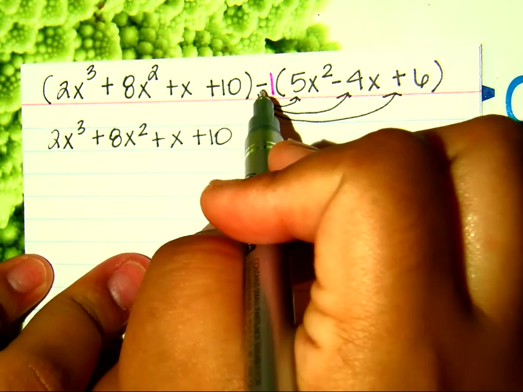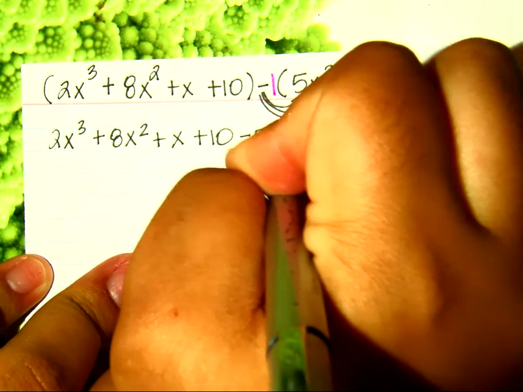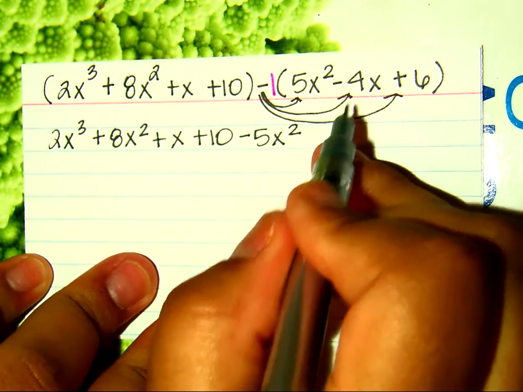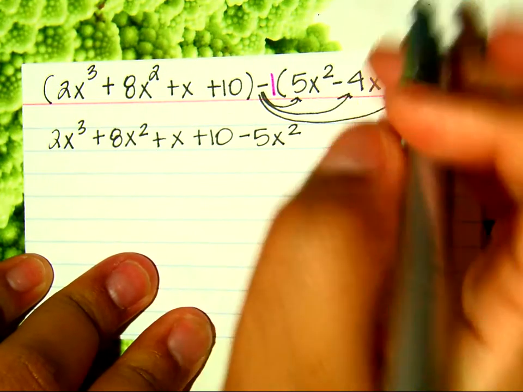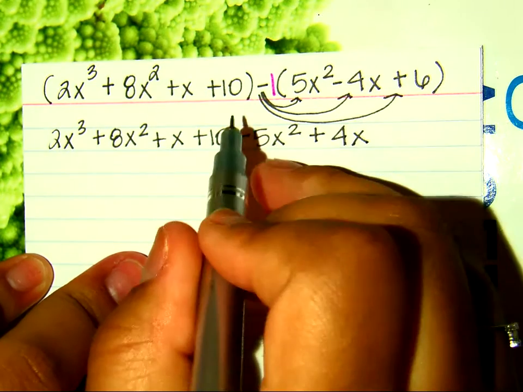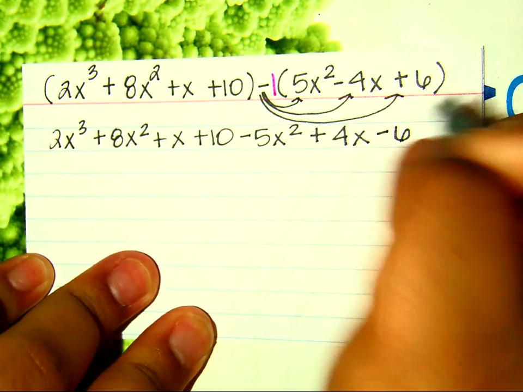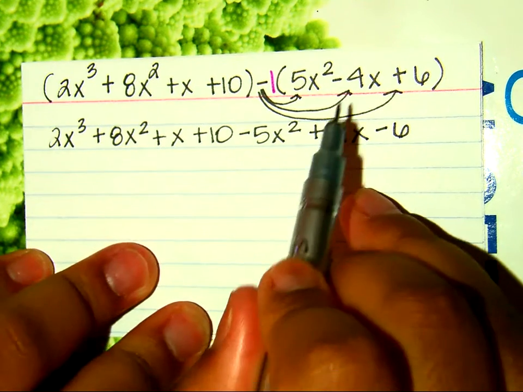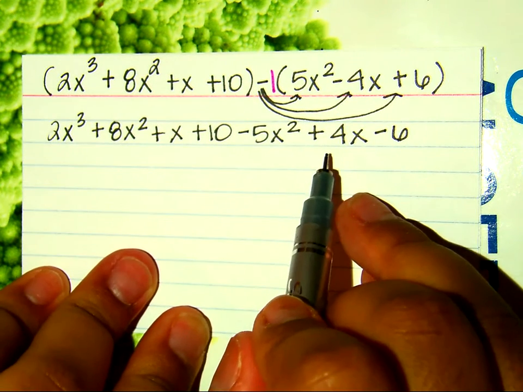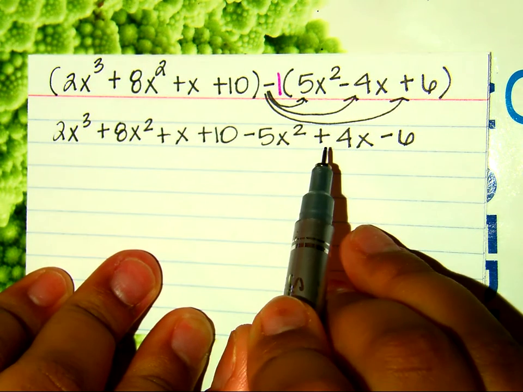So we'll say negative 1 times 5 is going to be negative 5x squared. Negative 1 times negative 4x is going to end up being a positive 4x. Negative 1 times 6 is going to be negative 6. Now, this one changed. The negative 4x changed to a positive 4x because a negative times a negative gives a positive.